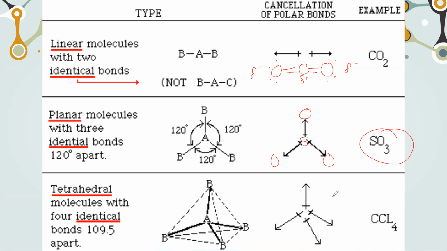Or CCl4 or even CH4, if we superimpose those where they're supposed to go, right? Because all of those become like that. And then there's no dipole moment over the entire molecule, even if those bonds are in fact polar.